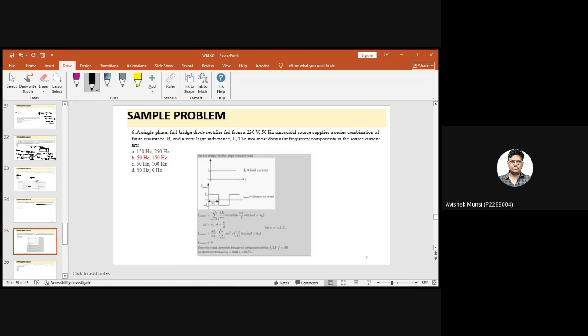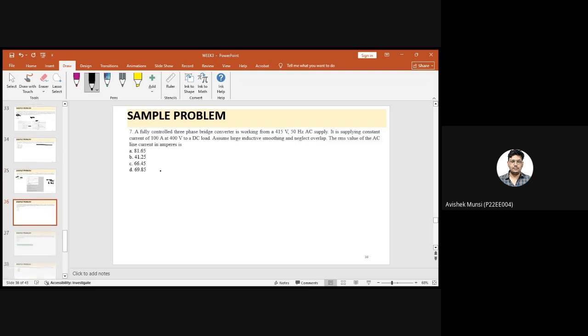For n equal to 1, 3, 5, we know that these are the odd harmonics of the Fourier series. So the first harmonic and third harmonic will be the answer. This is 50 hertz, so 50 hertz and 150 hertz is the correct answer.